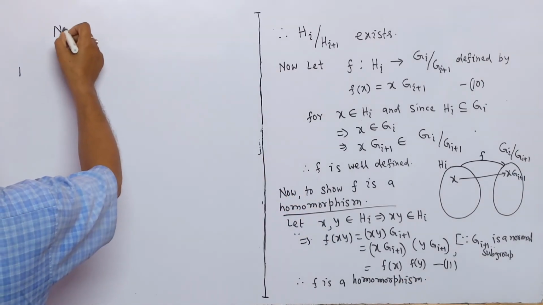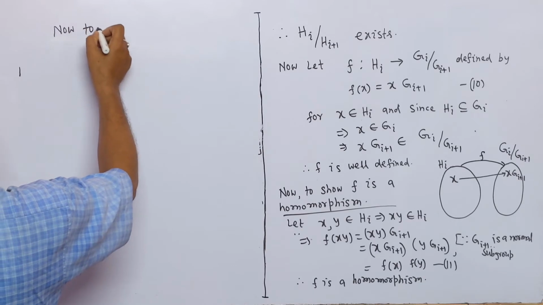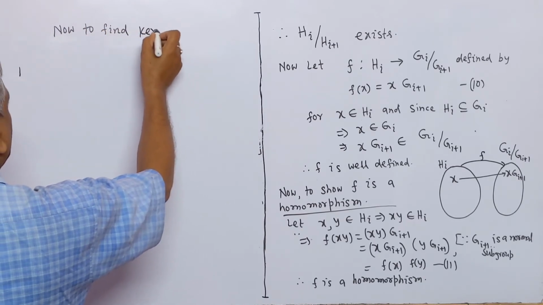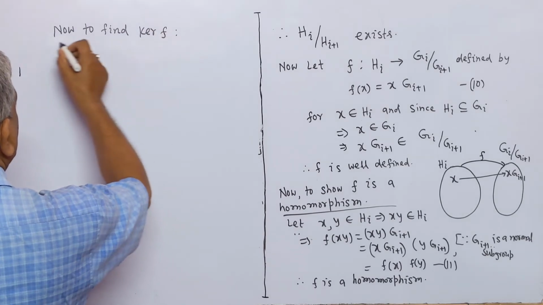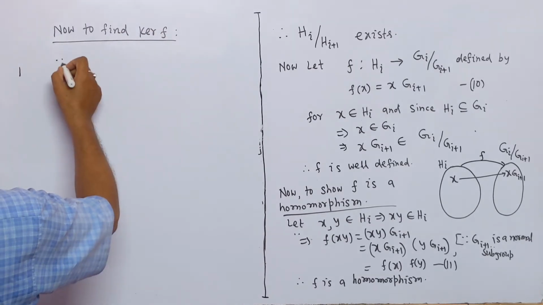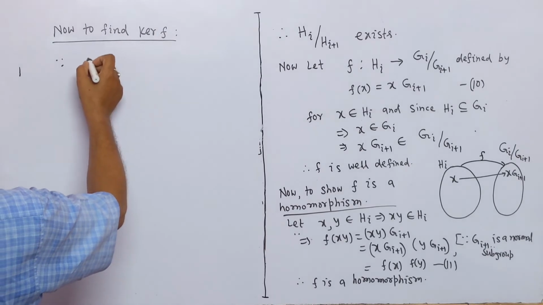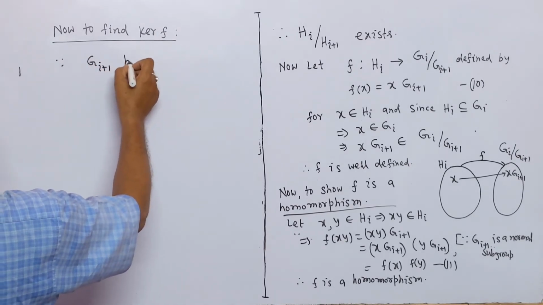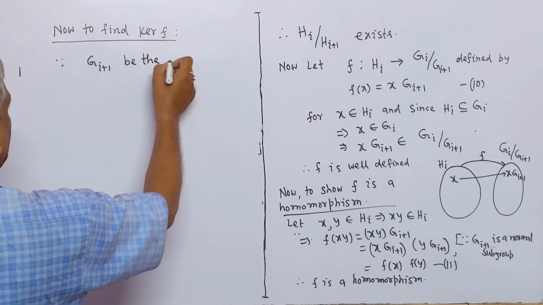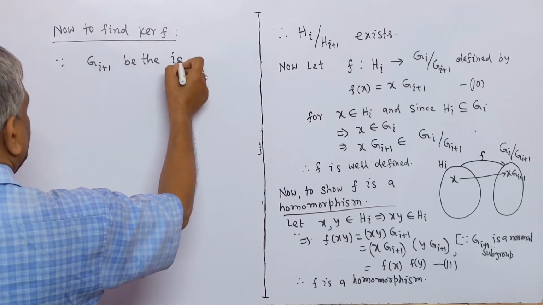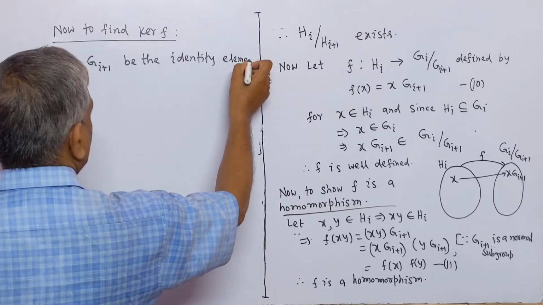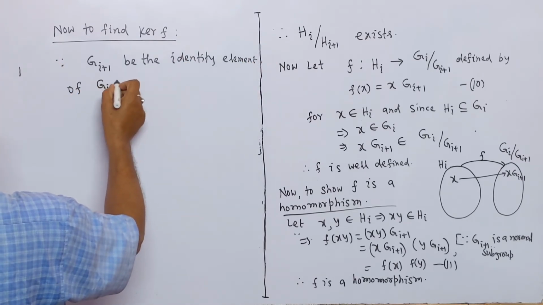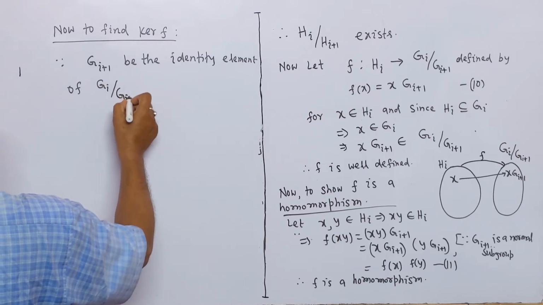Now, to find the kernel of F, since Gi plus 1 is the identity element of the quotient group Gi by Gi plus 1.